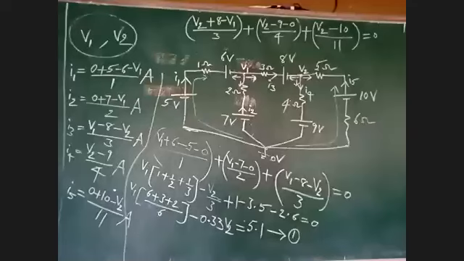So if you know V1 and V2, we can determine all the branch currents I1, I2, I3, I4, I5. Write down this, don't do simplifications now. Later we can do.